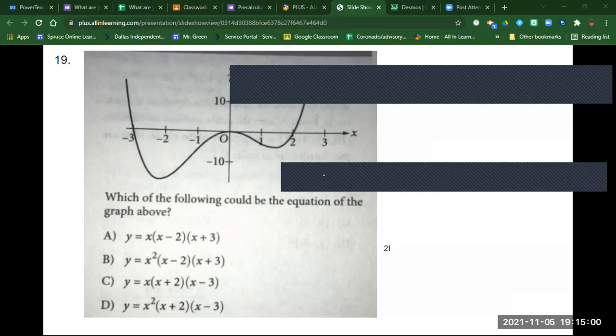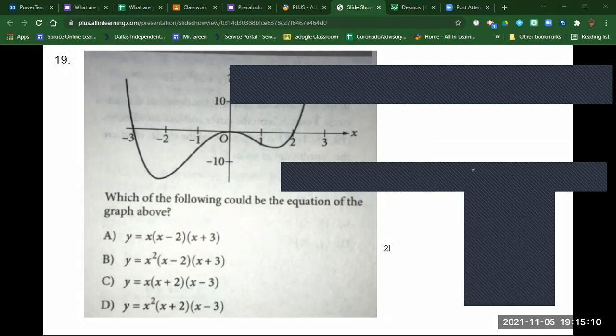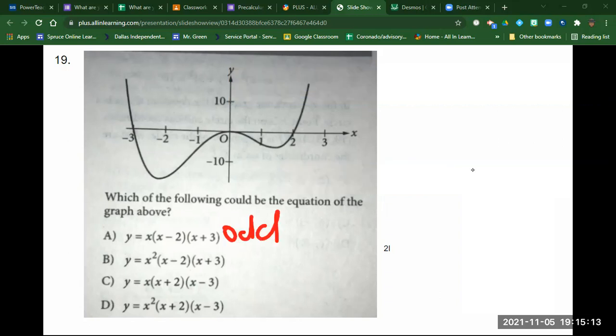Well, this is degree 1, 1, 1. This is an odd function. A is an odd function, so we're going to X it out. That's odd, and so is C. So, nope. All right. Now we got 2 even functions.